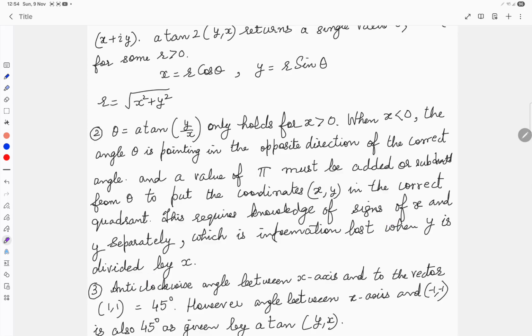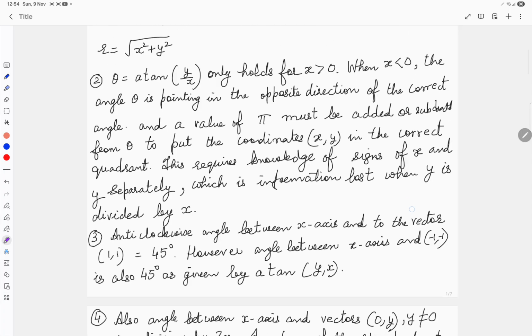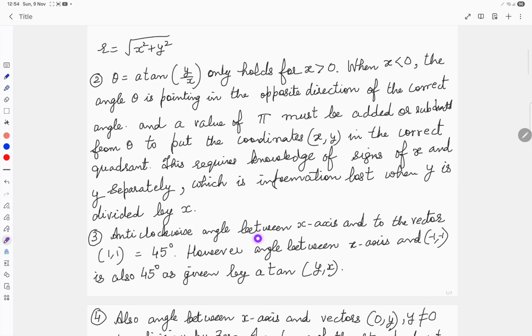But in the third quadrant, y is negative, x is negative, both are negative values. So when we do this division, we lose the information about the signs of y and x. In that case, we will get a wrong angle, because of the anti-clockwise angle between the x-axis and the vector. So 1 comma 1 will give me 45 degrees, and minus 1 comma minus 1 will also give me 45 degrees. So this tangent function will not give me the correct angle in the third quadrant.